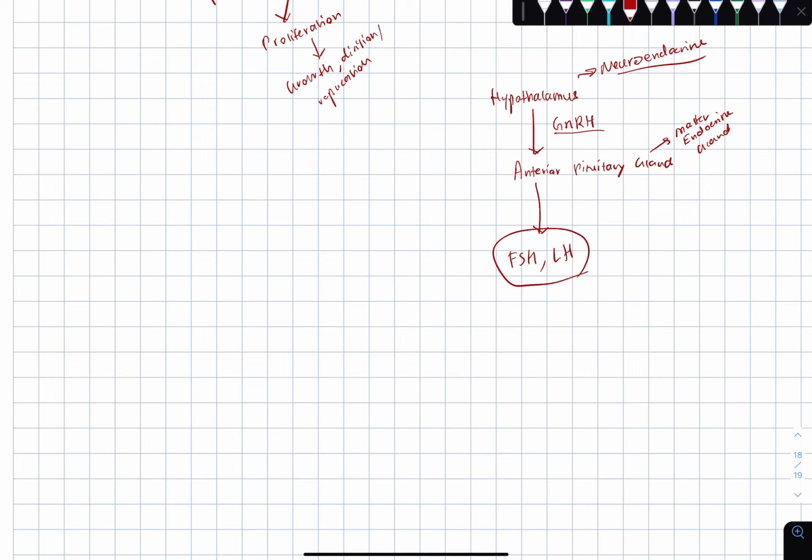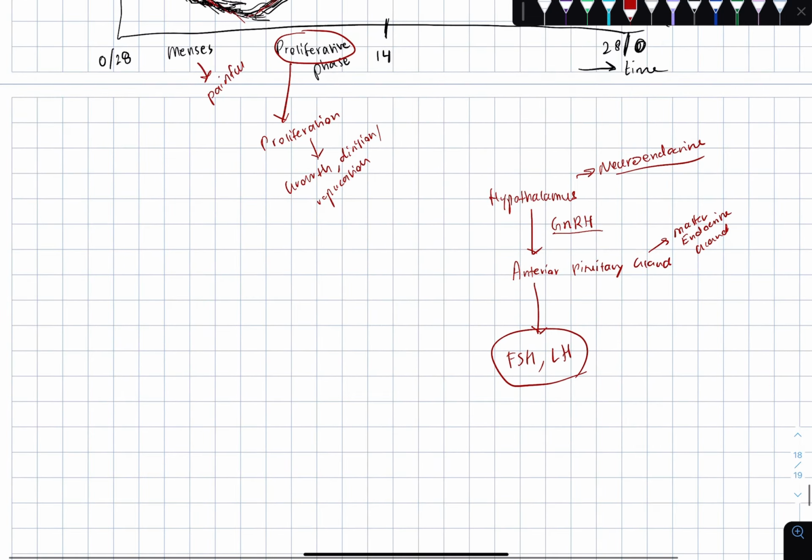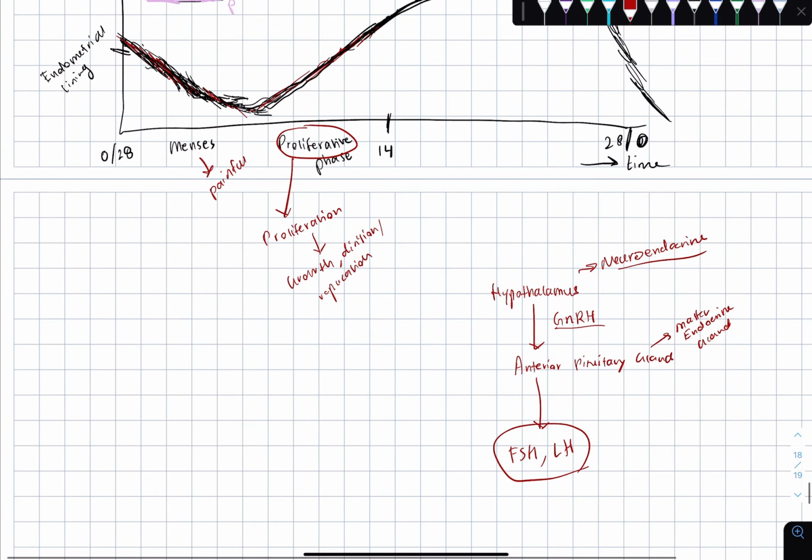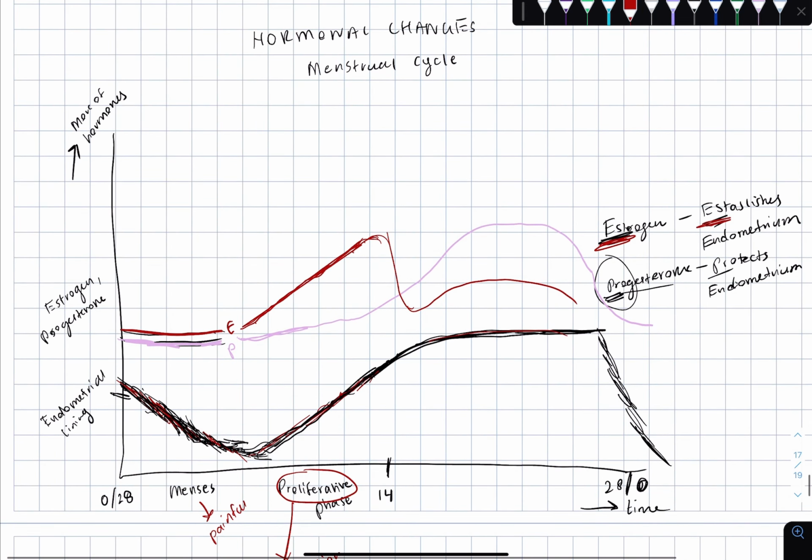And remember, FSH and LH are functional in males as well, but in this video we're specifically talking about the female menstrual cycle. So we're just going to be worried about what they're doing in females. FSH stands for follicle stimulating hormone. Let's make green FSH.